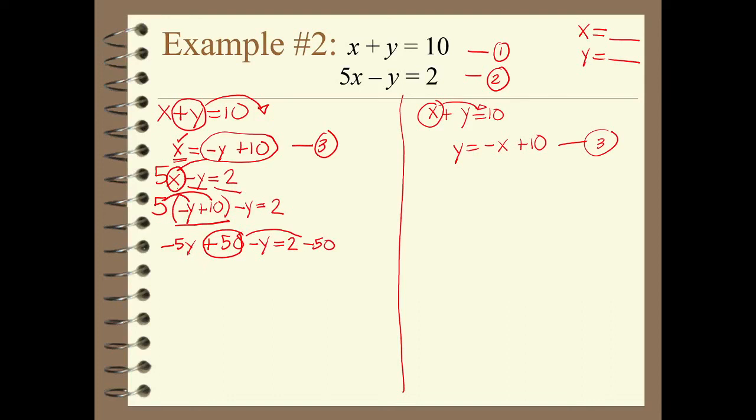So we now have negative 5y minus y is equal to 2 minus 50. Now, what is negative 5y minus y? Negative 6y. That is equal to negative 48. Dividing both sides by negative 6, what is the value of y?